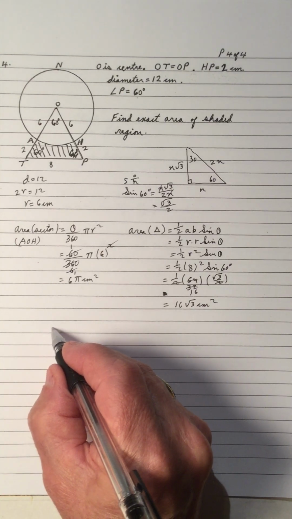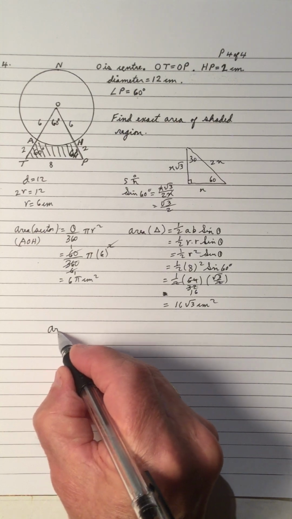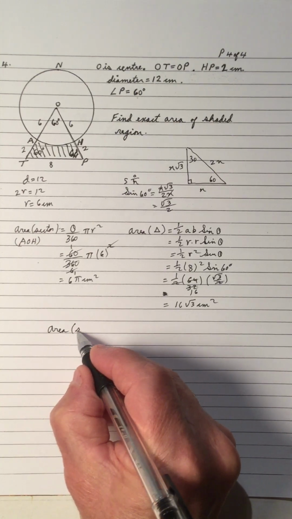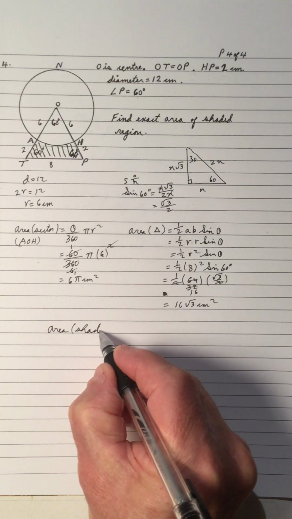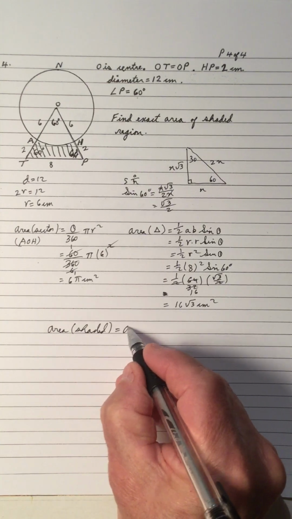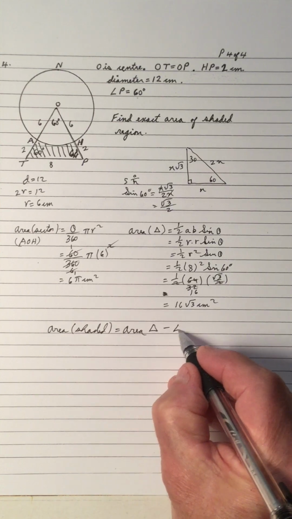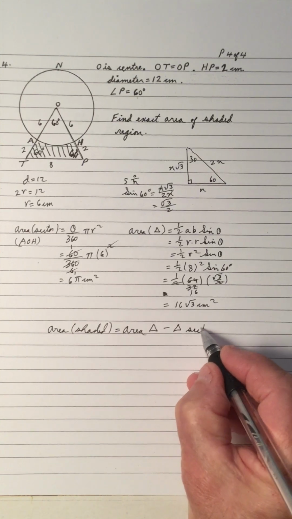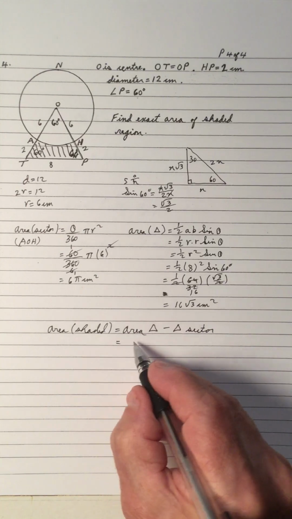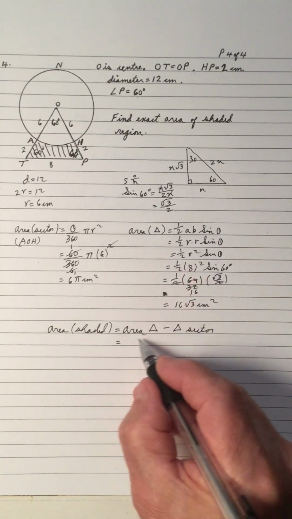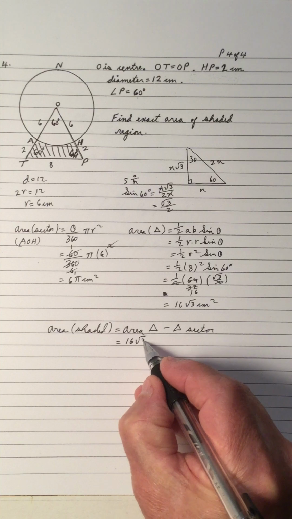So the area of the shaded region is the area of the triangle subtract the area of the sector. So the area of the triangle is 16 root 3.